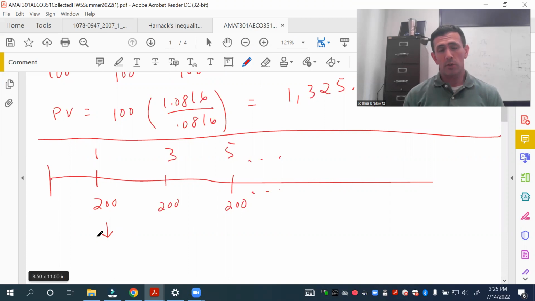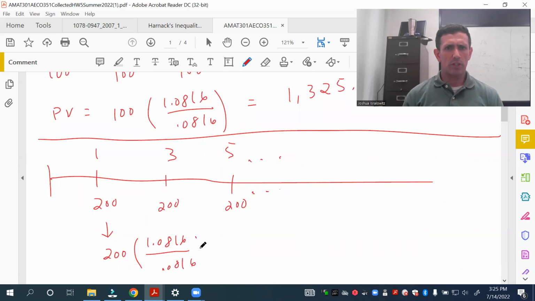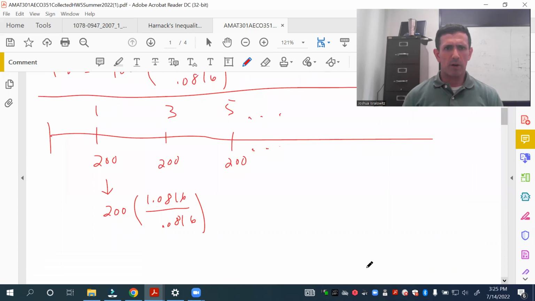It's an annuity due, same thing, payments are at the beginning of each year. So it's 1 plus your 2-year interest rate, 1.0816, over 0.0816. I'm going to discount that by 1 year.